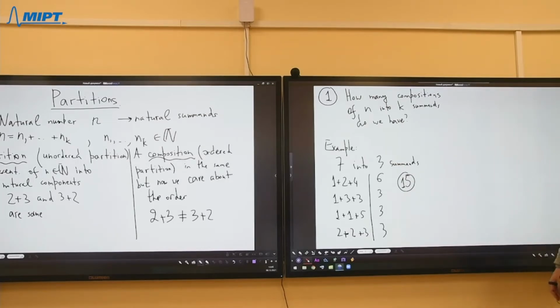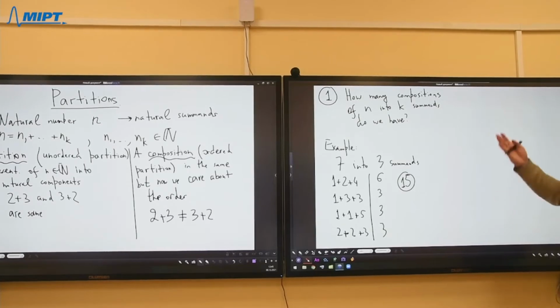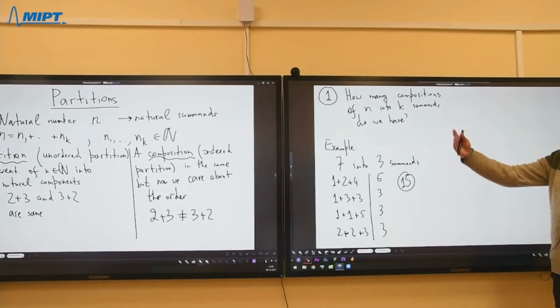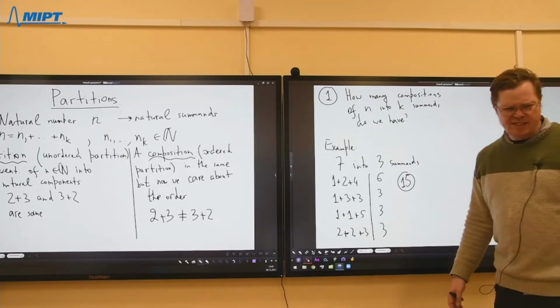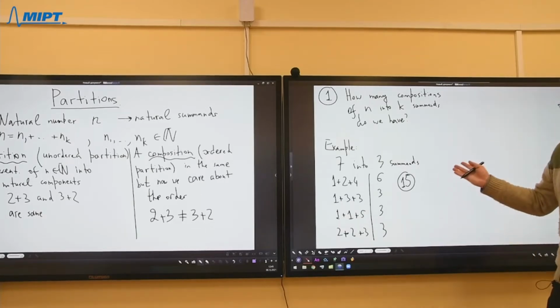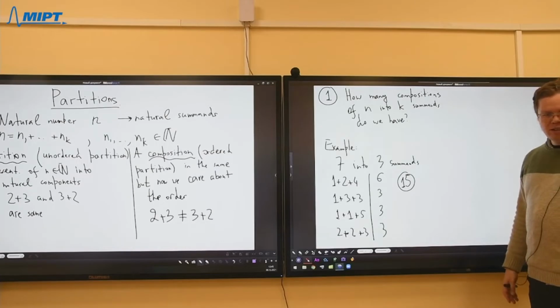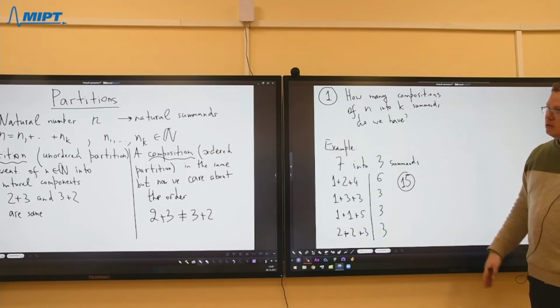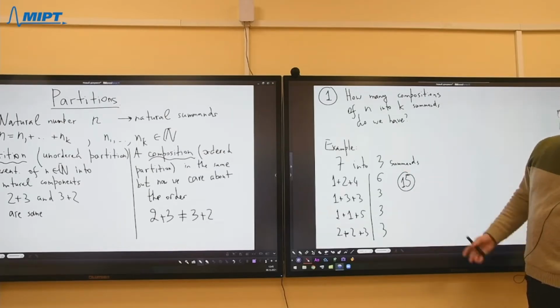I want you to find the formula for compositions of arbitrary n into k summands. Okay. So let's think about it. I think the definition is clear.